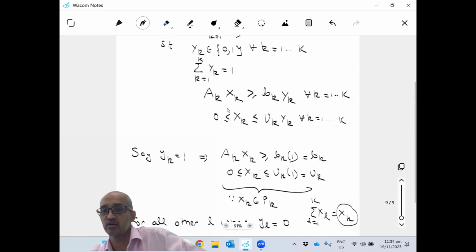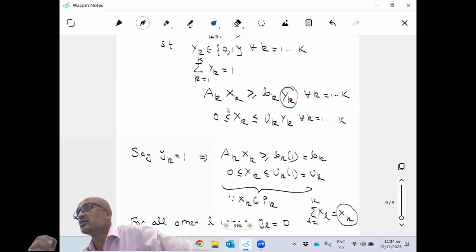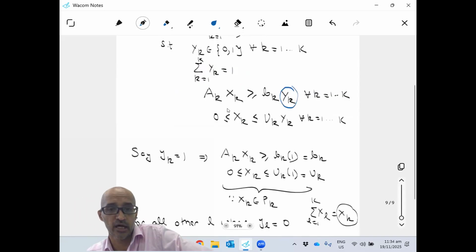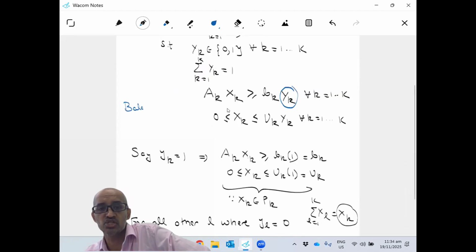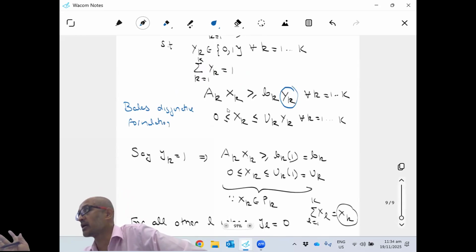The key idea here is this idea of multiplying the right hand side of the vector by yk. This is actually called the Balas disjunctive formulation. There are versions of this result, but basically, Egon Balas was a discrete optimizer who proposed this in the 70s for disjunctive formulations.